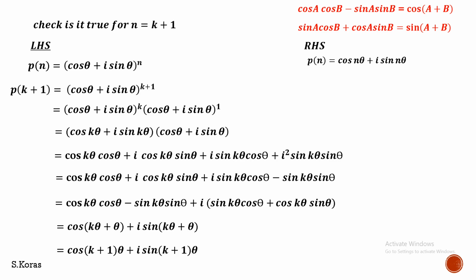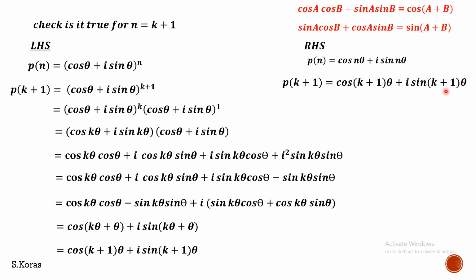Now we have to check, by substituting n is equal to k plus 1 in the right hand side, whether we are getting left side value and right side value as equal or not. Now let us replace this n value by k plus 1. So P of k plus 1 is equal to cos of (k plus 1) theta plus i sin of (k plus 1) theta, because instead of n we have substituted k plus 1.